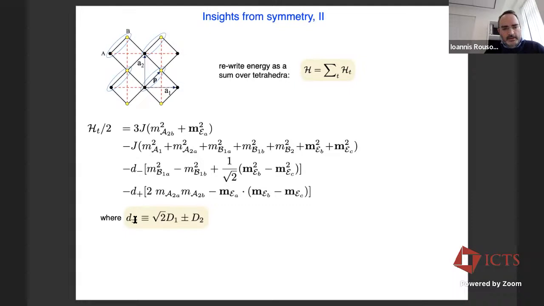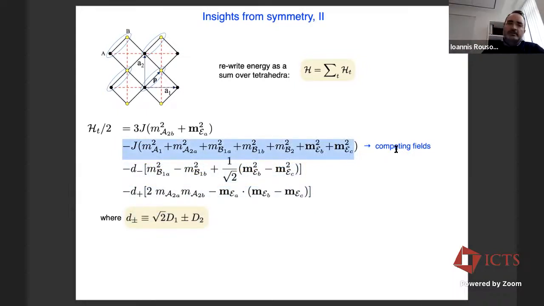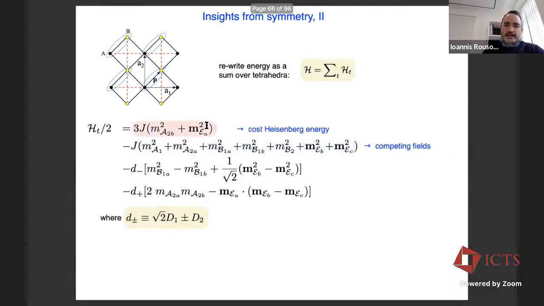I have now introduced these combinations, D minus and D plus, which are combinations of D1 and D2. Whatever comes with a minus sign here, these are the fields that I can combine in whatever combination, as long as I satisfy the spin-let constraint to get a ground state of the Heisenberg model. Then there are these terms that are the two irreps that cost Heisenberg energy.